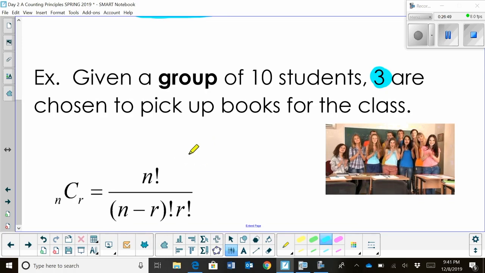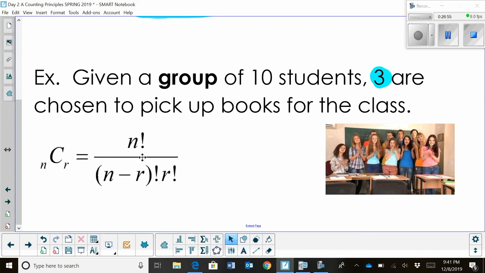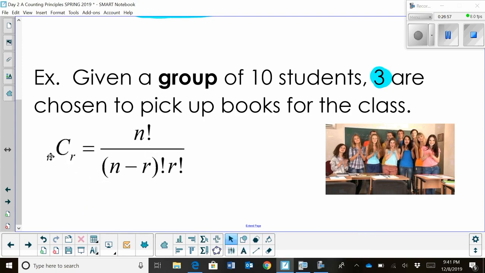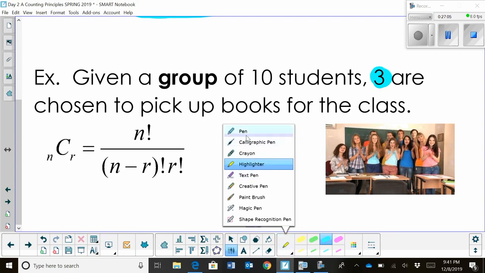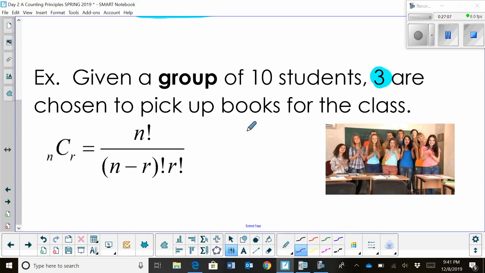Okay, so how do we figure it out? Well, we're going to use this little formula for combination. We're going to take N choose R, or NCR, where N is the total number of participants. In this case, it's 10 students. And then R is how many we're choosing, which in this case is 3.